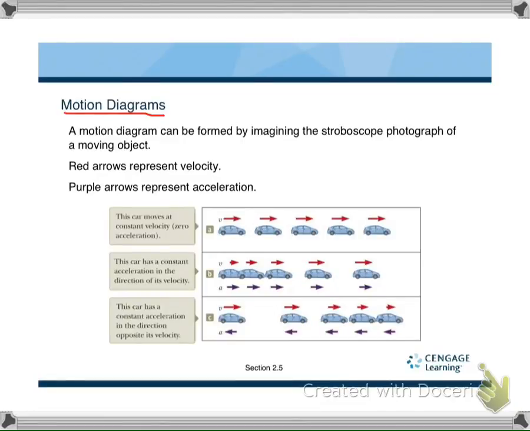Since in this chapter we discuss mainly a case that the acceleration is a constant.